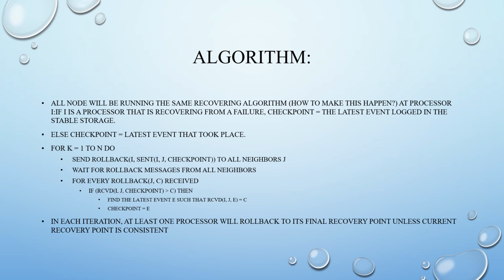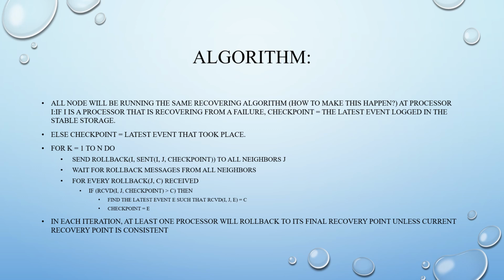The recovery algorithm at a processor is initiated when it restarts after a failure, or when it learns that there is a failure in another processor. Because of this broadcast of rollback messages, recovery is initiated by all processors, since everybody receives the message and automatically starts the recovery algorithm. This is how we can save ourselves from unnecessary crashing.